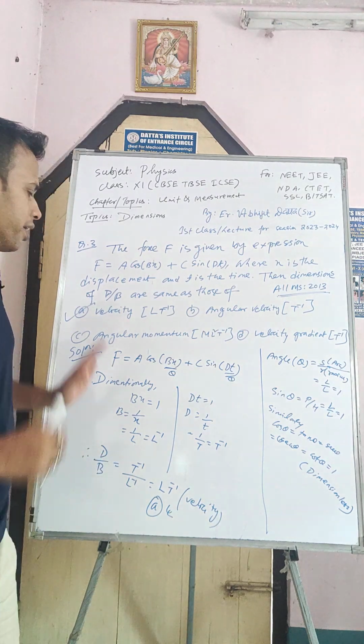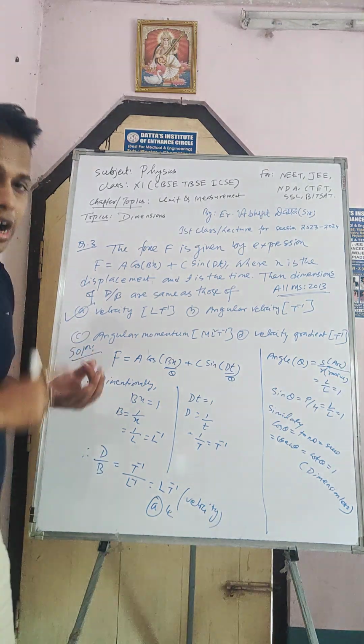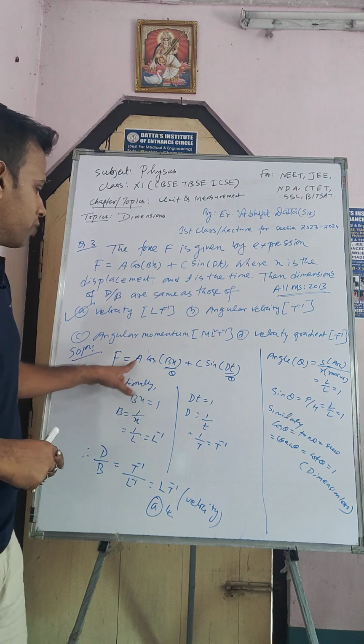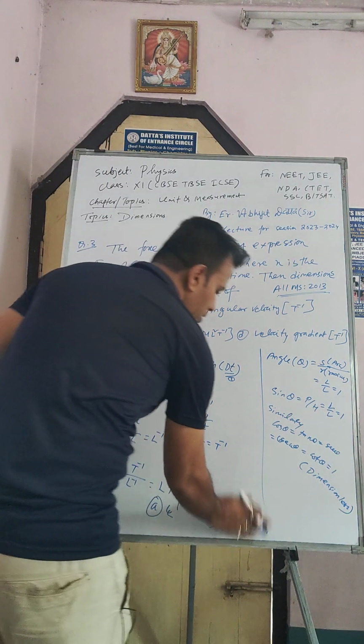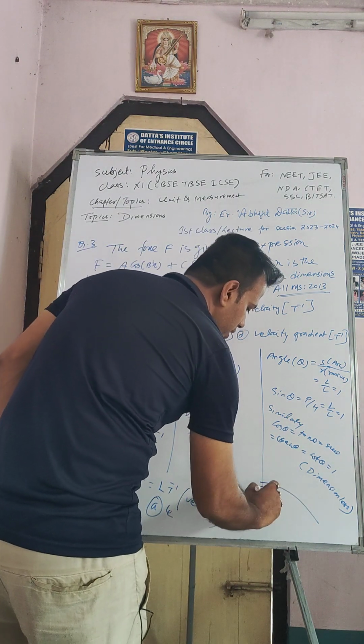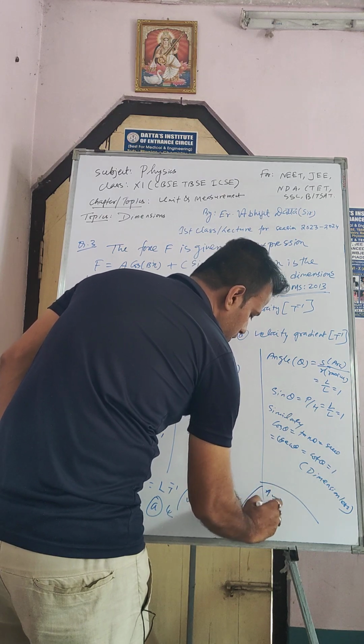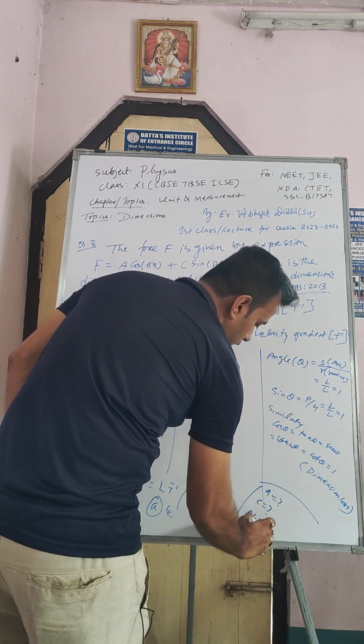There is velocity. Now the question is, sir, if they ask to find the dimension of a by c, or dimension of a, or dimension of c, how can I find this?